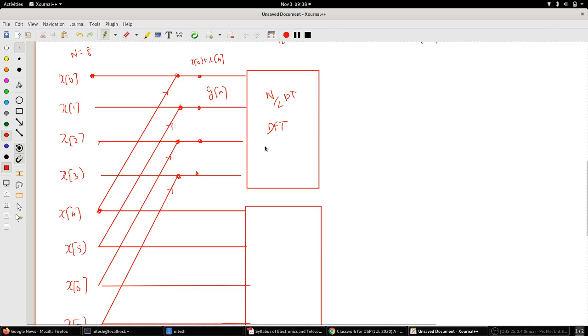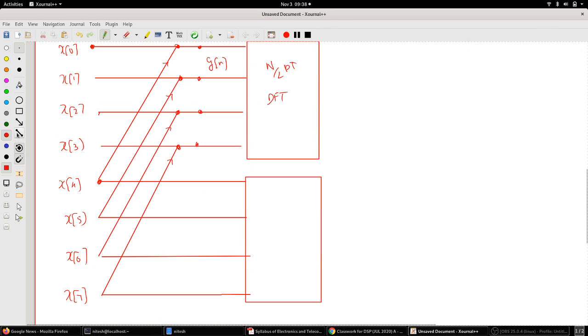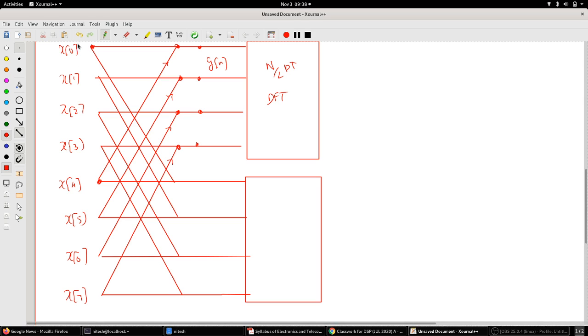So this guy here will be on the other side, like this one here, and this one, okay. So now, if you see, this guy here, I'm multiplying this one here, it's coming to this side.